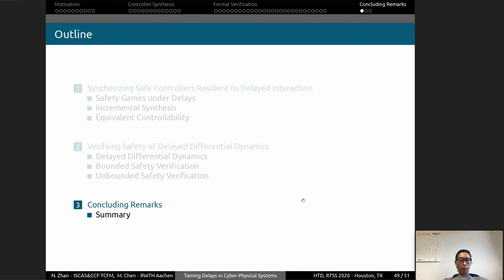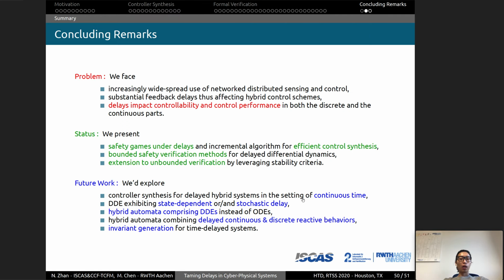Okay, to wrap up, we are facing increasingly widespread use of networks distributed sensing and control, where substantial feedback delays affect hybrid control schemas. And in particular, delays may affect controllability and control performance in both the discrete and the continuous setting.